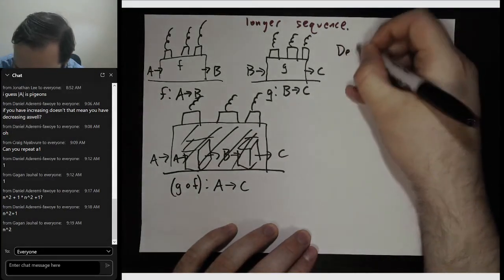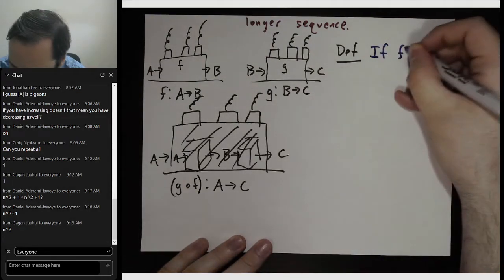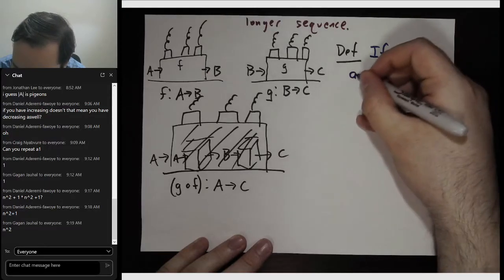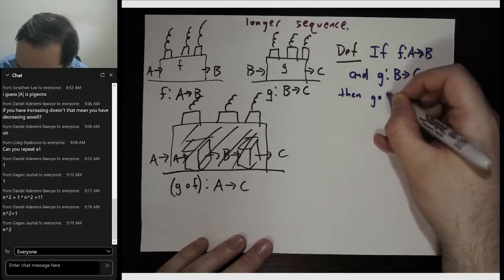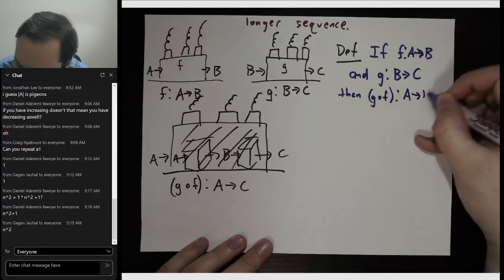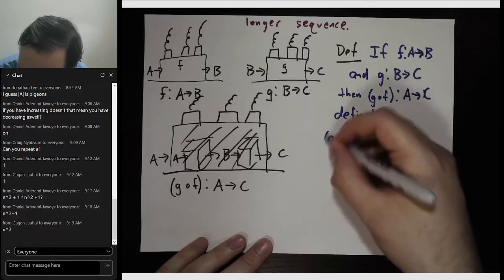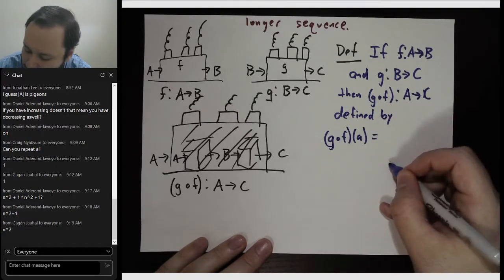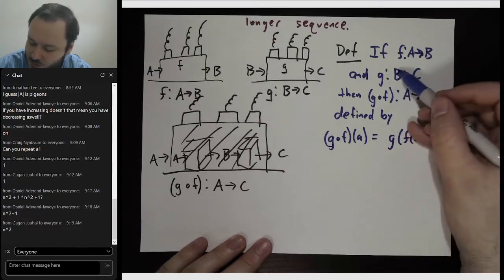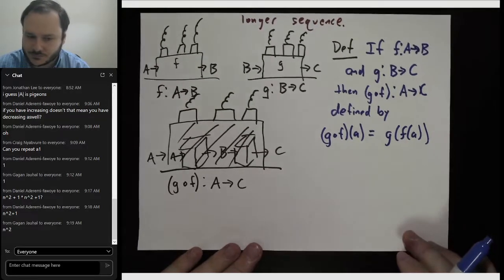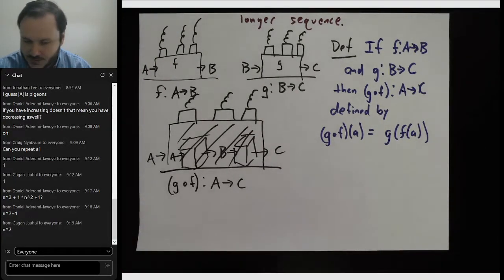So, more formally, if F is a function from A to B, and G is a function from B to C, then G composed with F is a function from A to C defined by G composed with F. If you give me any element in A, the output is G of F of A. F will turn my A into a B, and G will take that B and turn it into a C. This lets me link up functions as long as their domain and codomain line up in this special way.